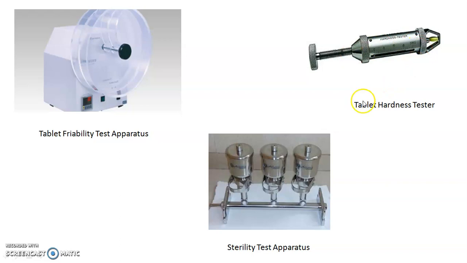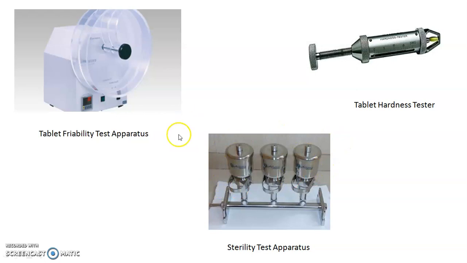This is the tablet hardness tester. There are 2 types of tablet hardness testers, used to analyze the hardness of the tablet: one is Monsanto and the second is Pfizer.